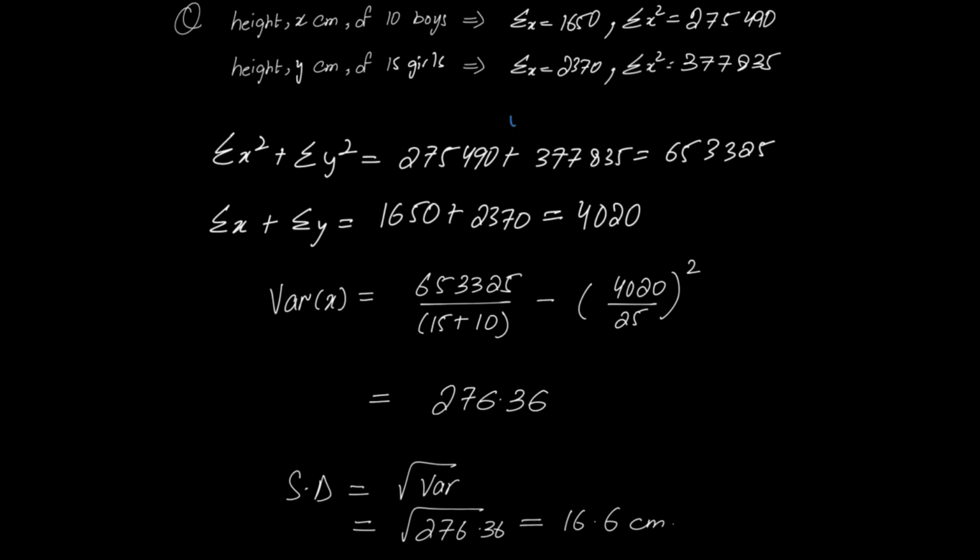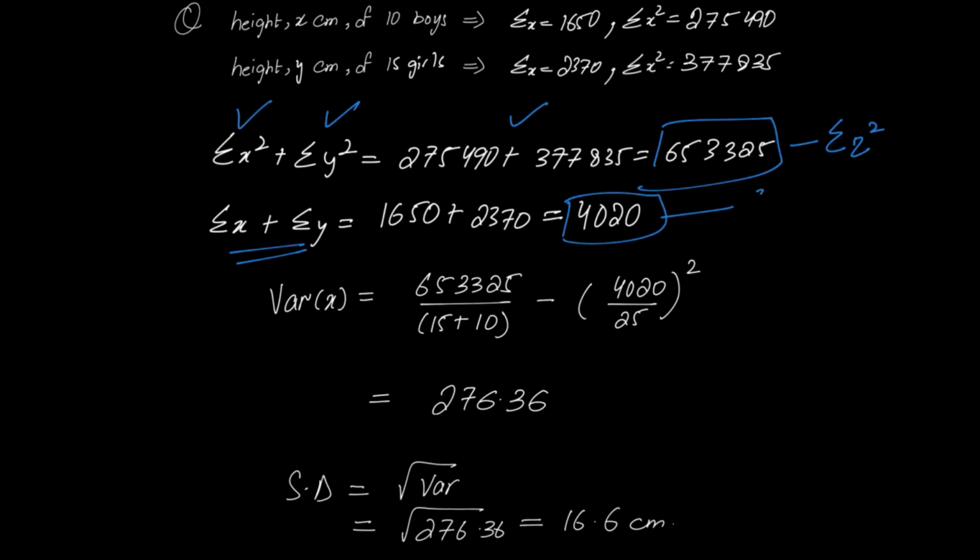We will add the values of the square of each data, so the summation of x square plus the summation of y square will give you the summation of, let's say, z square, and we'll find the summation of x plus summation of y, which is again, let's call it the summation of z. So we'll take out the variance of z, and this will give us the combined variance of both of these sets of data.